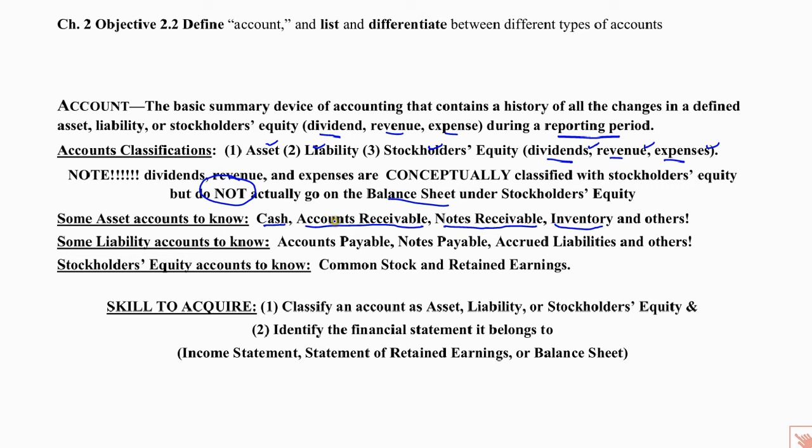So when you get an account name, mentally you have to classify it as an asset, liability, stockholders' equity. Here are some liability accounts. Accounts payable. That's what you owe your suppliers. So they shipped you some supplies or inventory, and now you have to pay them. Notes payable.